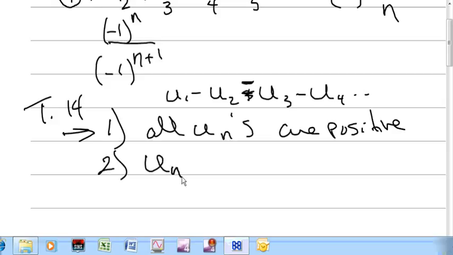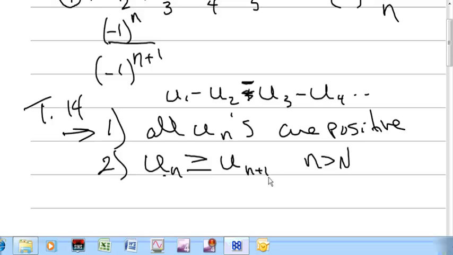u sub n in our series has got to be greater than or equal to u sub n plus 1, at least after n is greater than some arbitrary number N. And what they're getting at here is that eventually, as n goes to infinity, the nth term is going to be bigger than the nth plus 1 term.